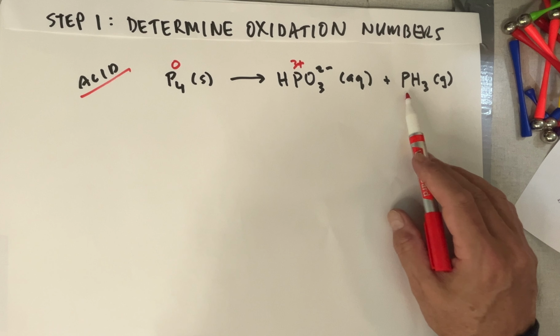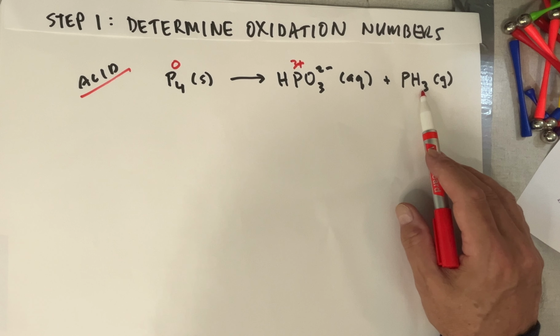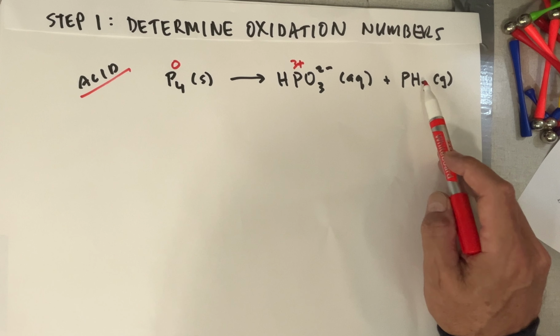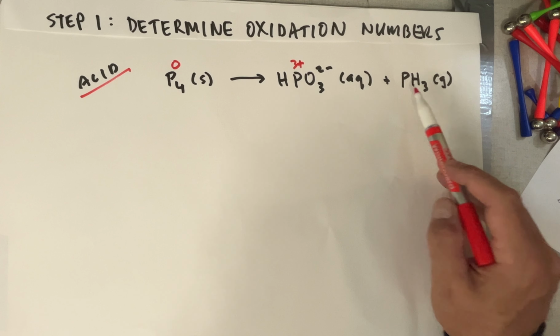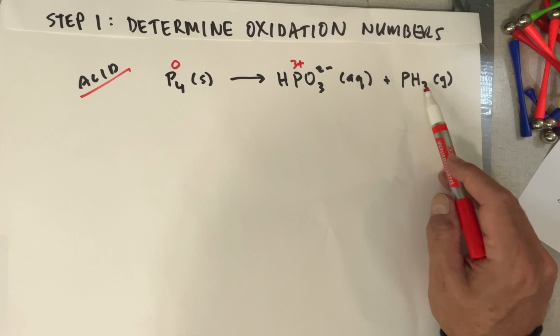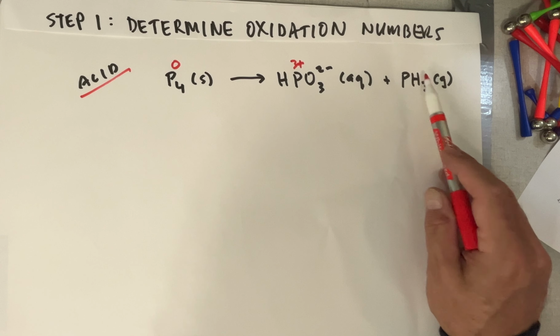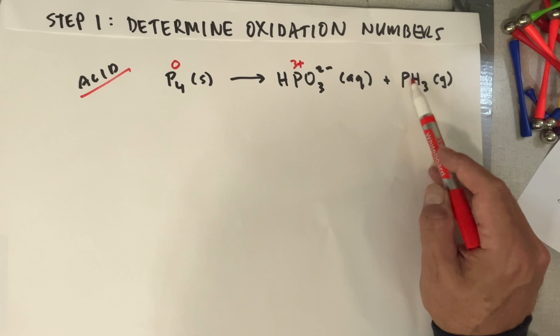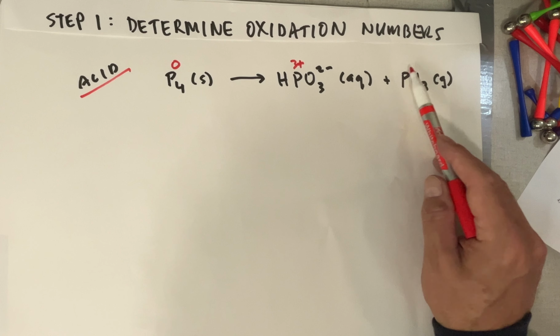And then finally here you have the phosphine. Now one might be tempted to think that could be 3 plus as well, because one name of this species is phosphorus hydride, which makes it a bit confusing because we know that a hydride is a H minus. That would make you think that this phosphorus is 3 plus.